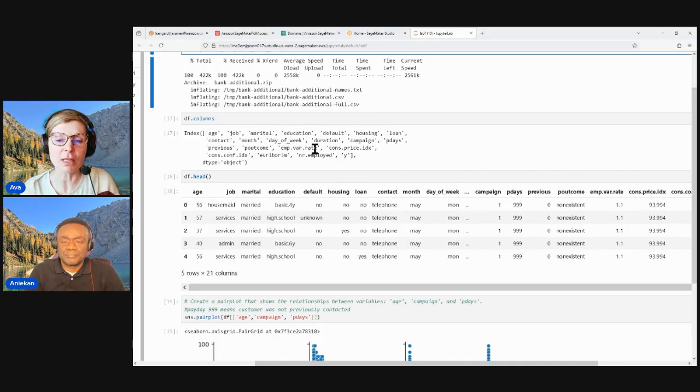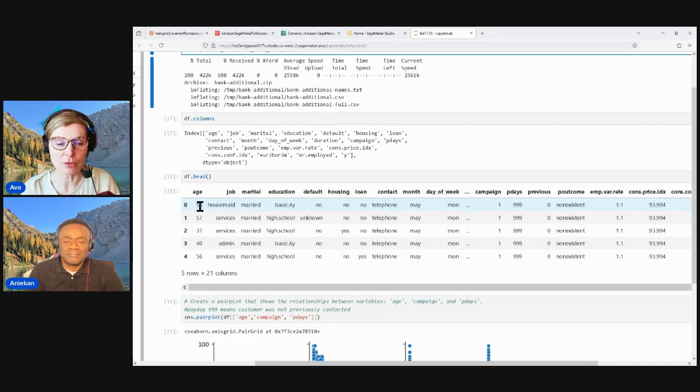The goal here, by the way, is to predict how many of these people are going to respond to a call, right? So again, it's a marketing campaign. The next command, head, is going to show us the first 5 rows of data, and that's by default. You can change this number, but you can see examples of the kind of data stored in the data set.